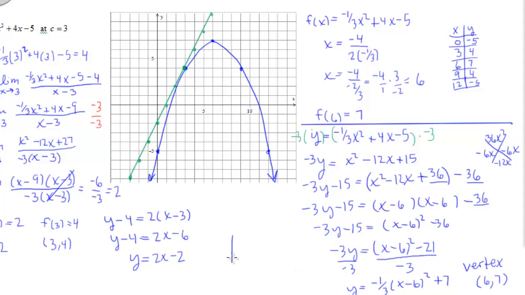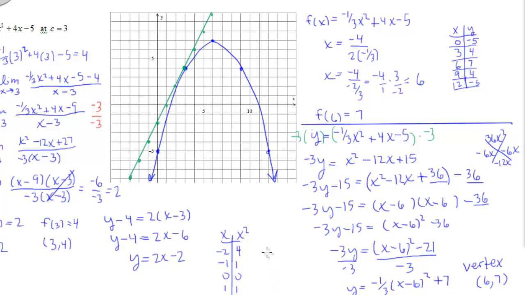You could make a parent table for x and x squared with -2, -1, 0, 1, 2. And that would be 4, 1, 0, 1, 4.